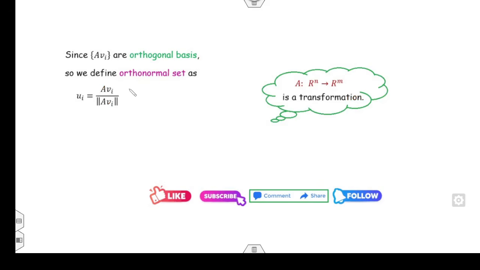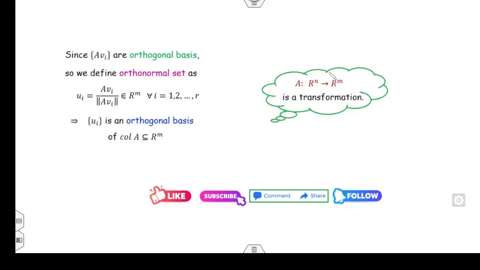So I can define the orthonormal vector Ui as A of Vi divided by sigma i. Is it okay? Now A of Vi is a part of Rm, hence Ui belongs to the codomain.